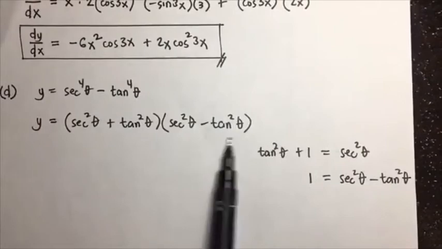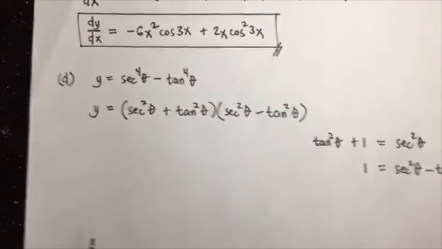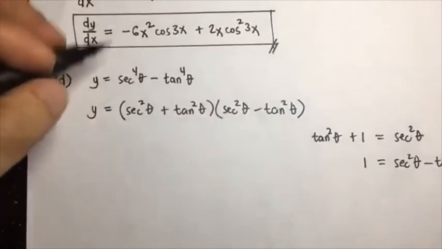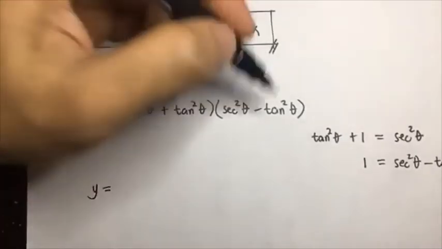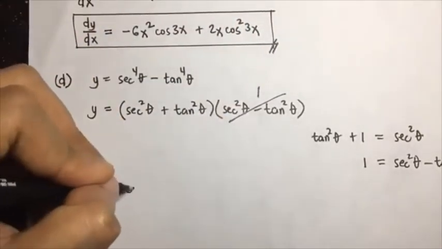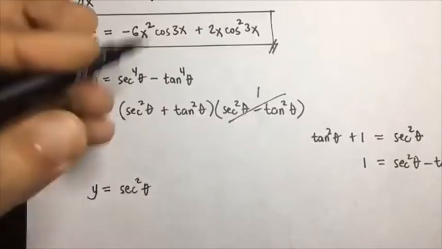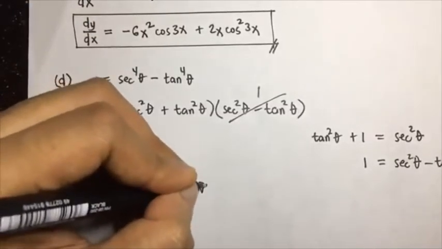So we can replace this with 1. Therefore, we can simplify our function as y is equal to secant squared theta plus tangent squared theta.